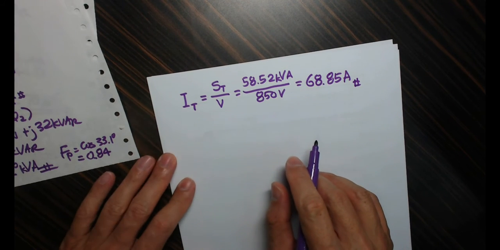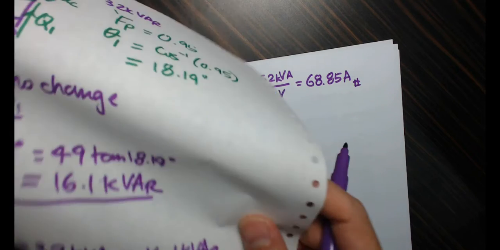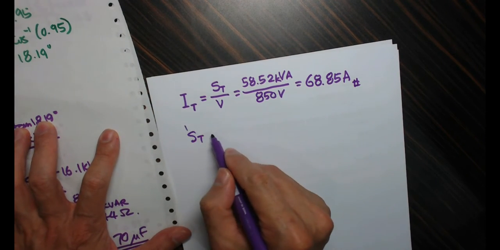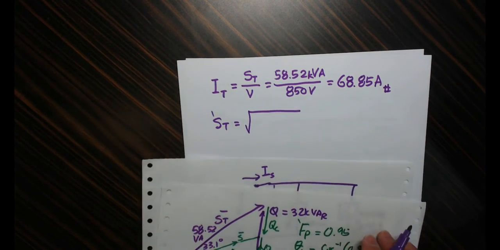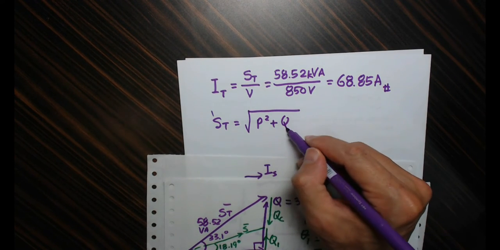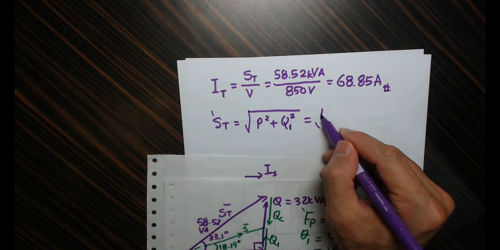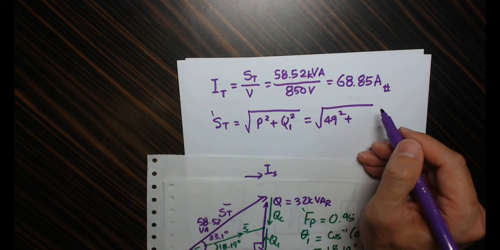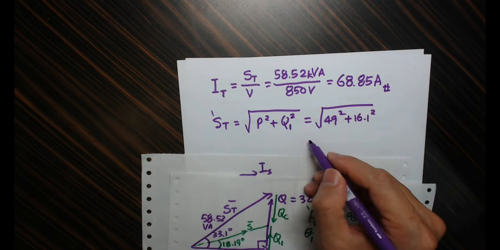Right, now the new power once we introduce the capacitance, let's call this ST prime, is the square root of, if you look at the power triangle, the power squared and the new reactive power squared. That equals 49 kilowatt squared plus Q1, 16.1 squared.